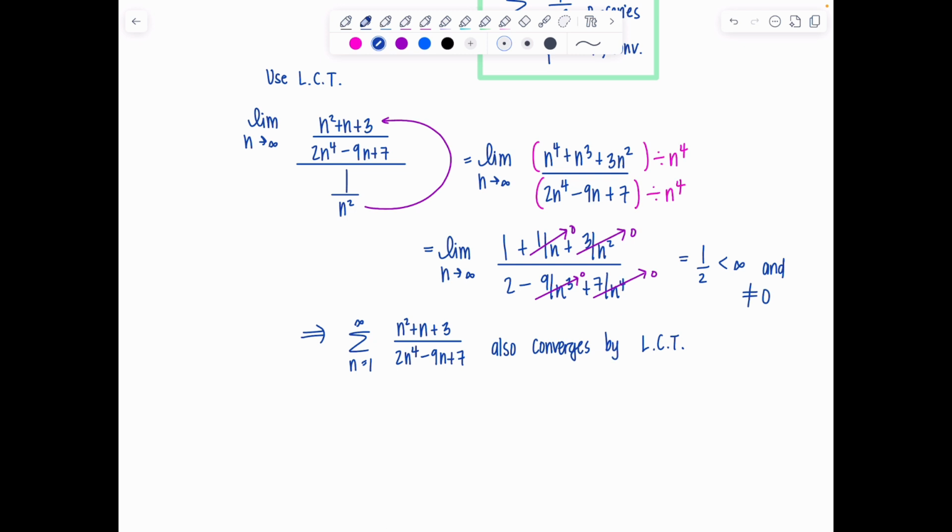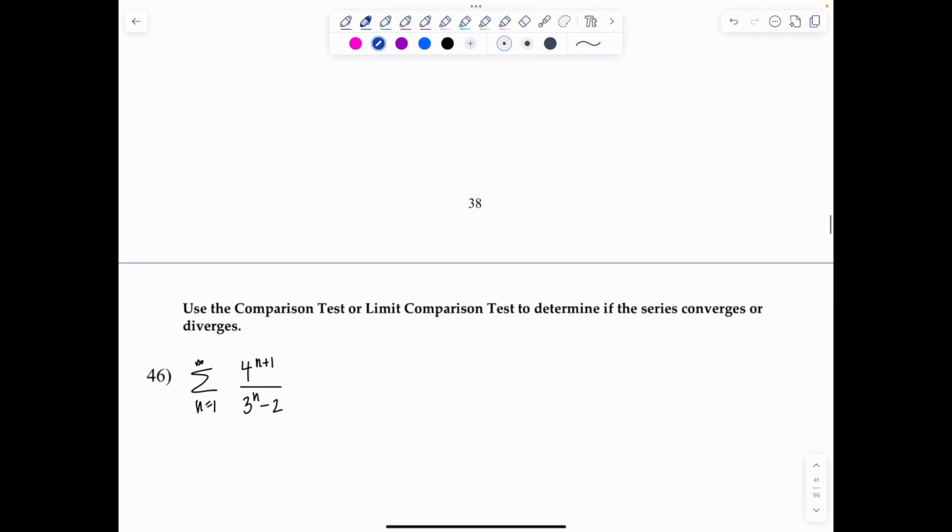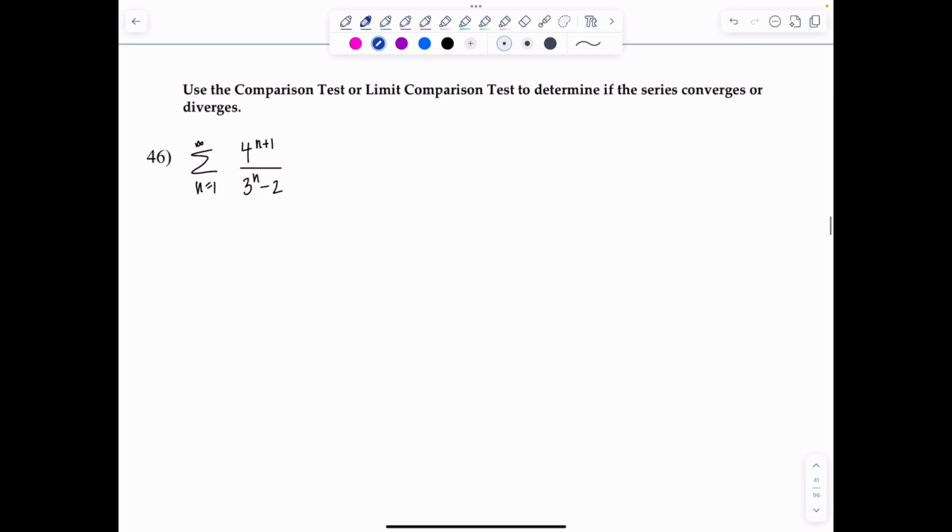Beautiful. I'm so proud of you guys. Remember I also said you'll do limit comparison test with geometric on occasion. Yes, not exclusively P series. So let's try one more and then we'll move on.